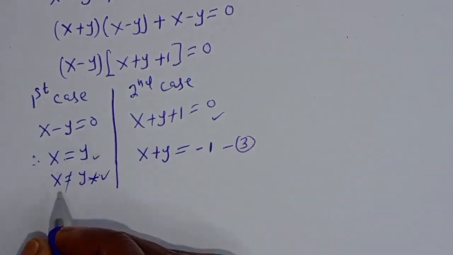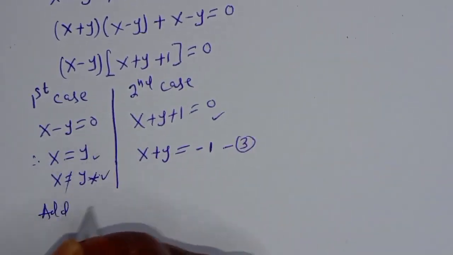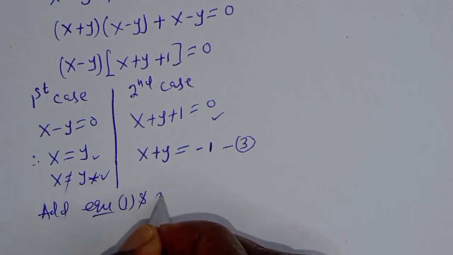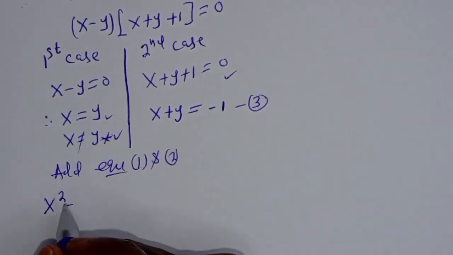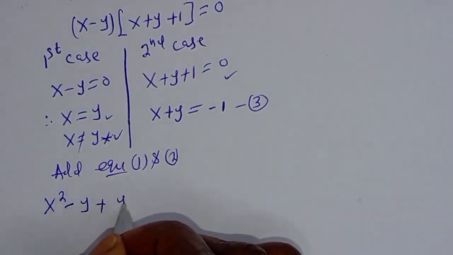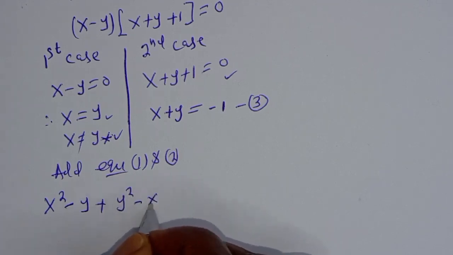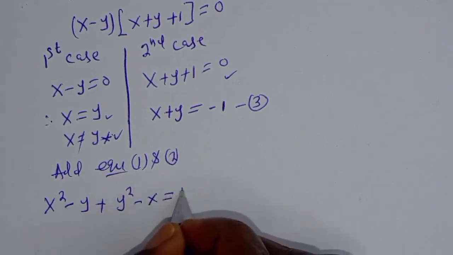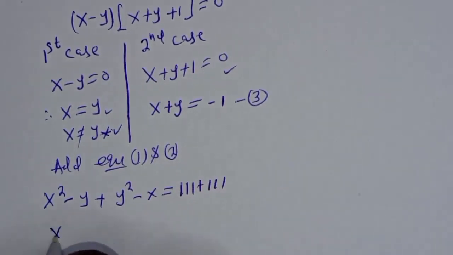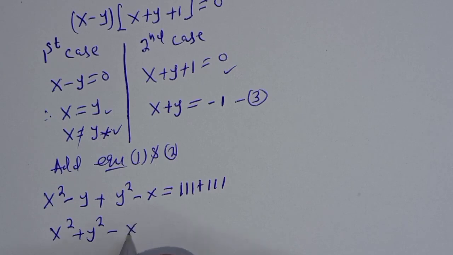Now let's add equation 1 and 2 together. x squared minus y plus y squared minus x is equal to 111 plus 111. x squared plus y squared minus x minus y is equal to 222.